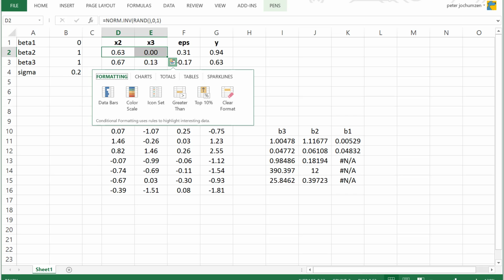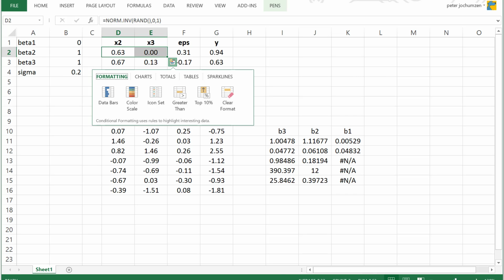It will make life much easier for the OLS estimator to estimate the parameters. So the first sub-issue we need to investigate before we can investigate multicollinearity and what problems that causes is how are we going to simulate data such that there is actually dependence between x2 and x3.